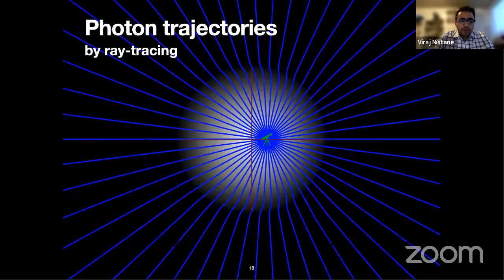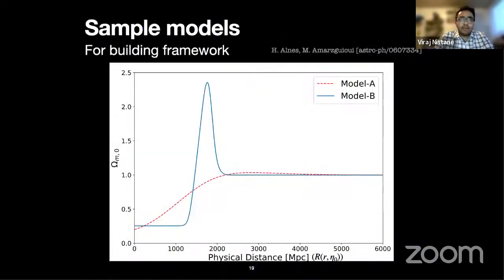Moving on, as I promised, we are considering these two toy models in the LTB metric. The matter distribution for the two models looks like this, where we have the physical distance from the center on the x-axis.